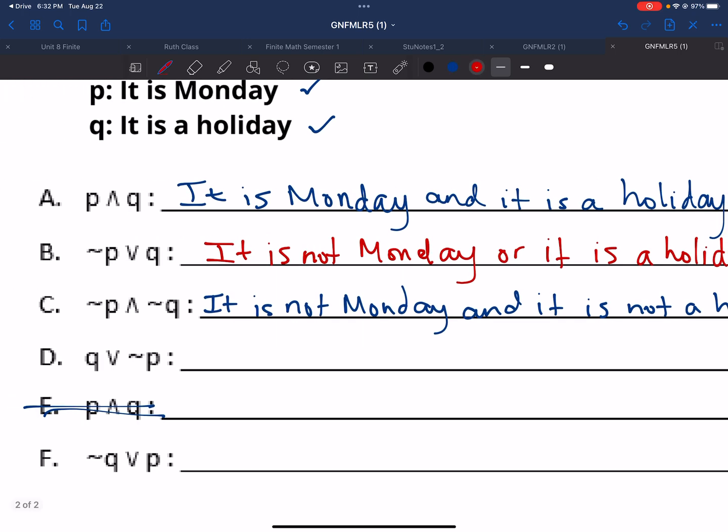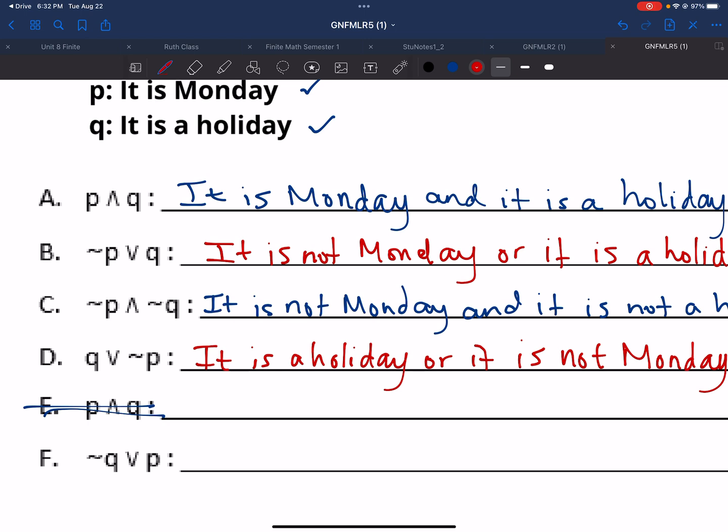And then D is Q or not P. So that would start with it is a holiday, or it is not a Monday. It is not, I guess we should just say Monday. We don't need A in there. Okay.